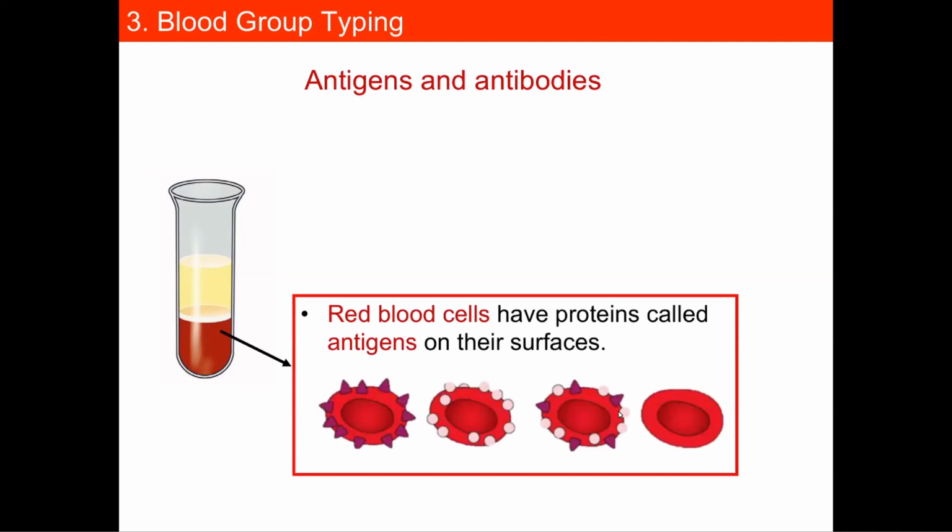One of the proteins that is very relevant for this topic is antigens. Antigens are just surface proteins which are produced and expressed on the surface of these red blood cells, and from there we can use them as identifying markers.